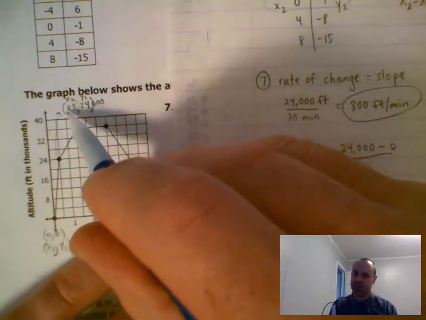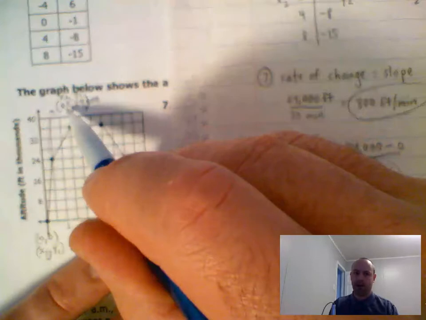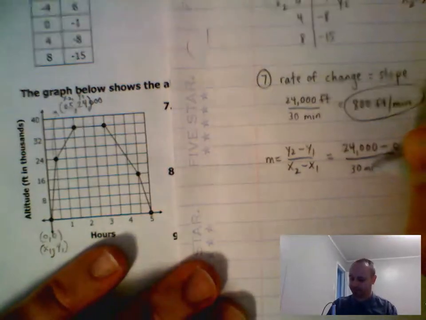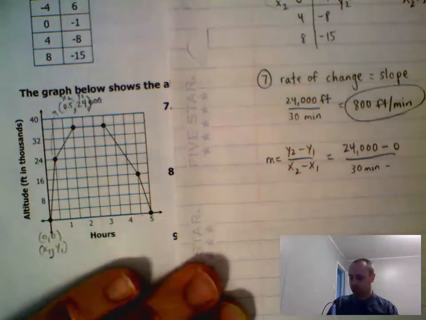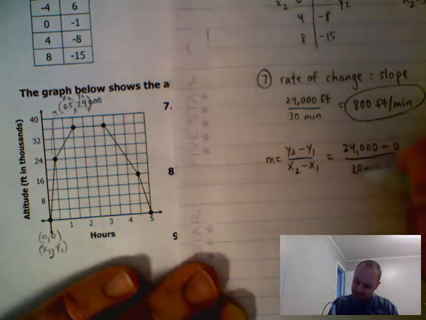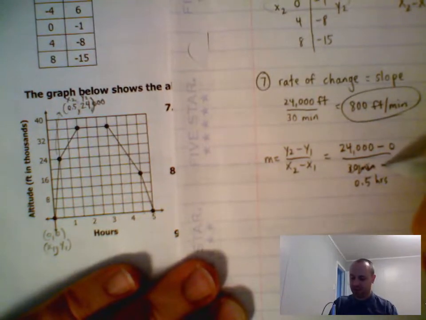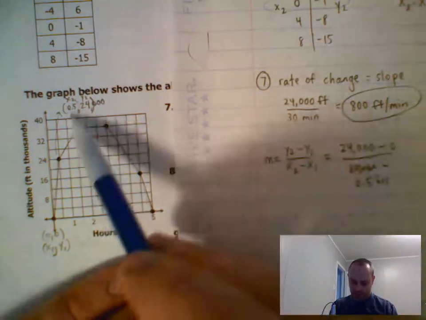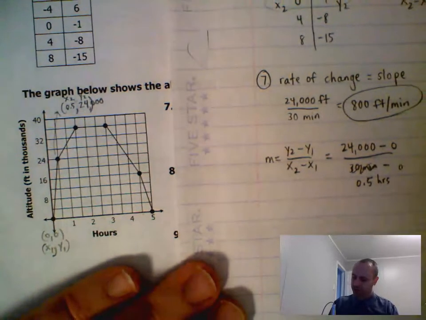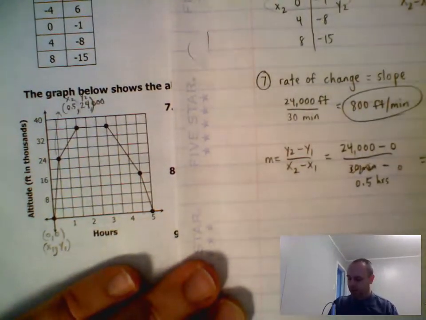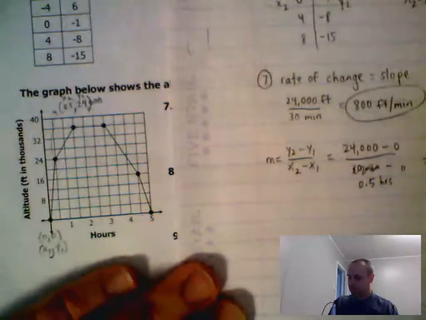So let's think, what's 0.5 hours? What's half an hour in minutes? So we're going to put 30 minutes. Or let's say you left it at 0.5 hours, then that would be minus x1, which is 0. So on the top, you'd have 24,000. On the bottom, you have 0.5.